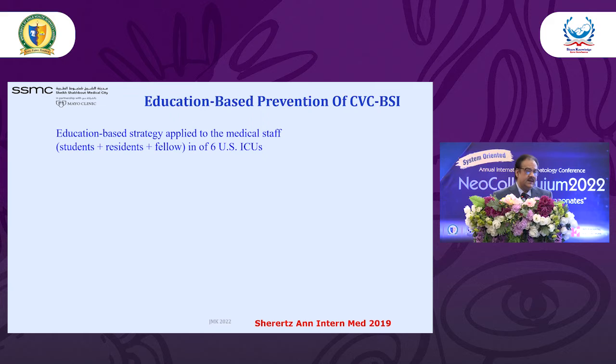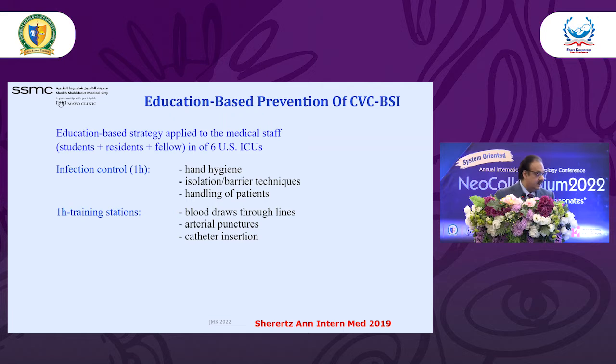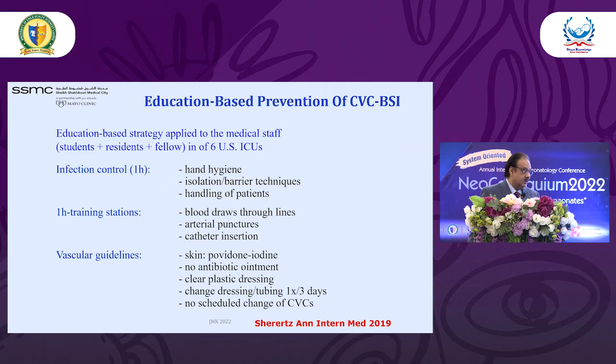Now, the education-based prevention. If you have a regular symposium or workshop like this, it is effective. Yes, it is also effective because it increases their skill and their education about it. So infection control, 1 hour about hand hygiene, isolation, handling of the patient, 1 hour training stations, and vascular guidelines.